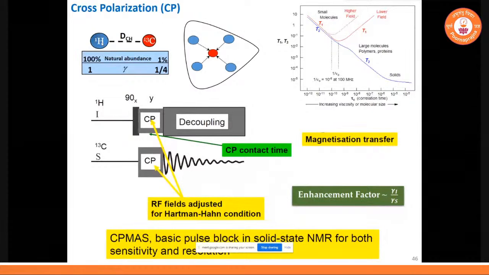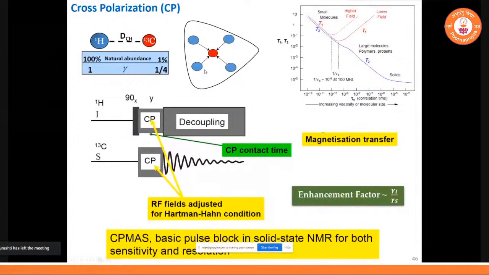Now, the problem with carbon is that it is a low abundance nucleus. Its T1s are very, very long compared to proton. Proton, even though it's highly abundant in nature, has short T1s. But unfortunately, because the dipolar couplings are so high, we cannot achieve good resolution, even with magic angle spinning. But for carbon, we can achieve good resolution with magic angle spinning. But the problem is it has a long T1.